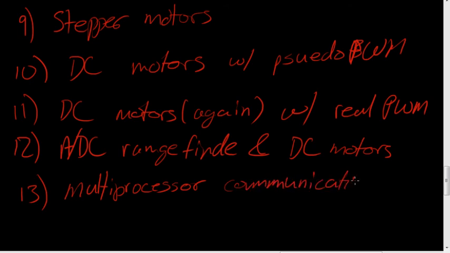Or as most people like to call it nowadays, multi-core and networking are the two types.